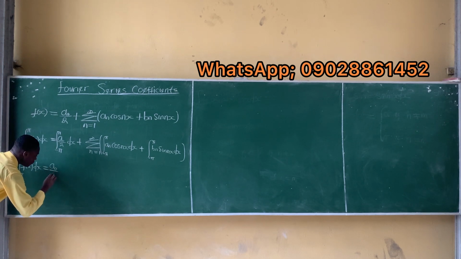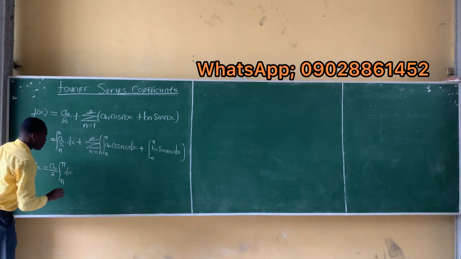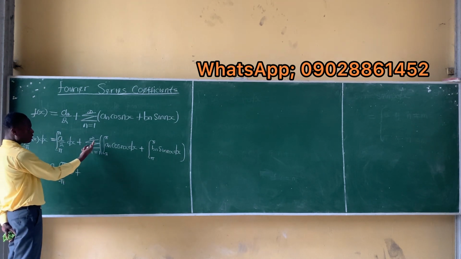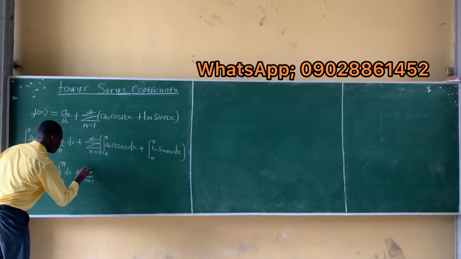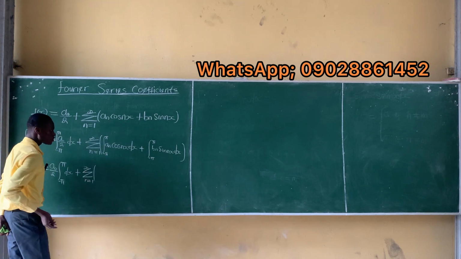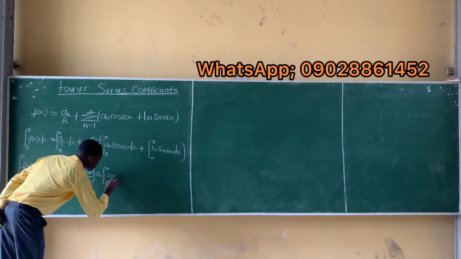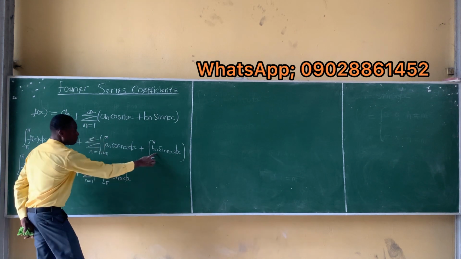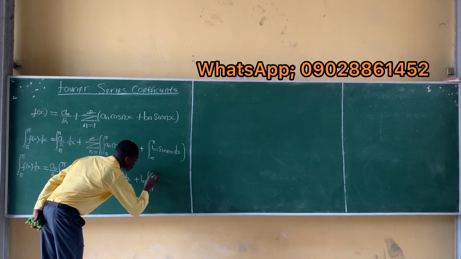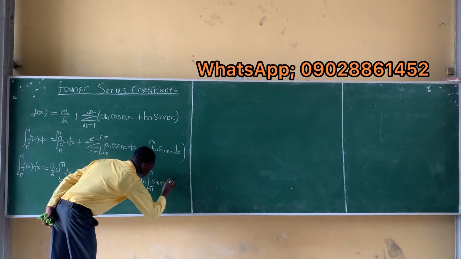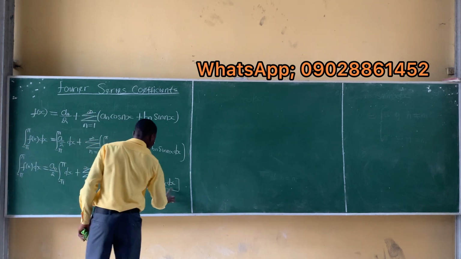So we have a naught over 2 times the integral from minus pi to pi dx, plus the sum as n equal to 1 to infinity of an, which is also a constant, times the integral from minus pi to pi of cos nx dx, plus b sub n, also a constant, times the integral from minus pi to pi of sine nx dx. So this is what we have.